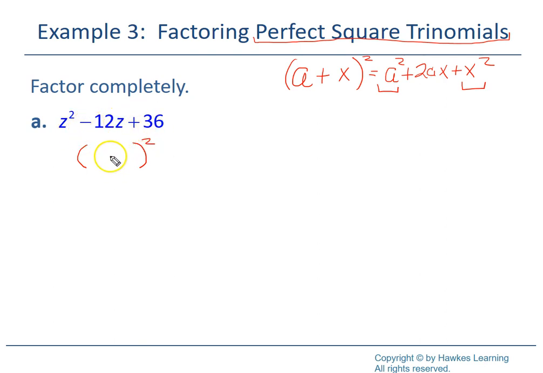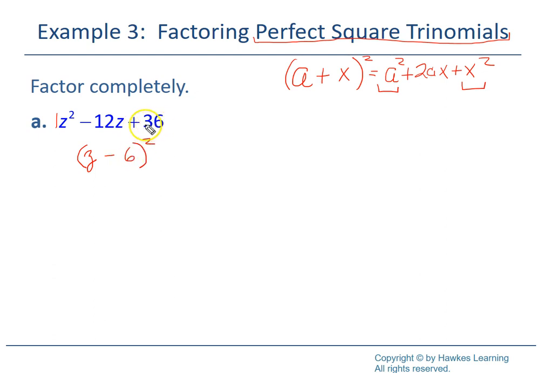So our middle sign is going to be a negative. And in a sense, there's a 1 there. So z is a perfect square, so you just put a z there. And then you look at the last term, that's a perfect square, so you put a 6 there.